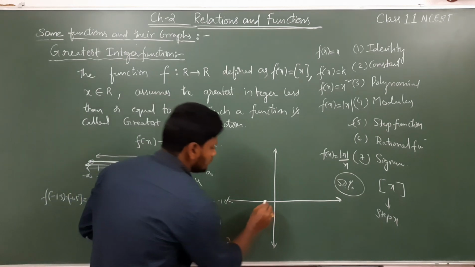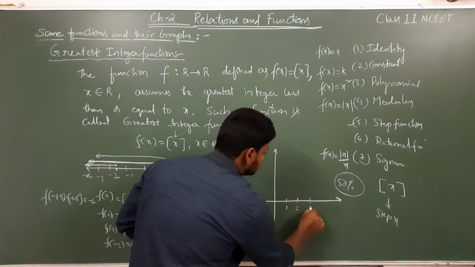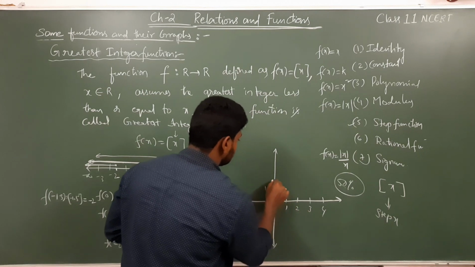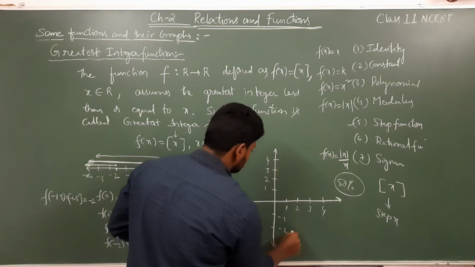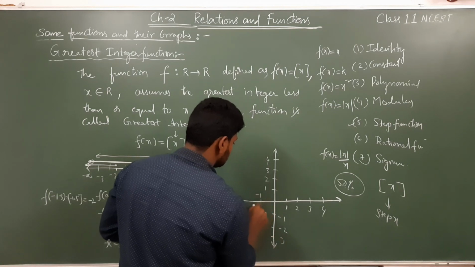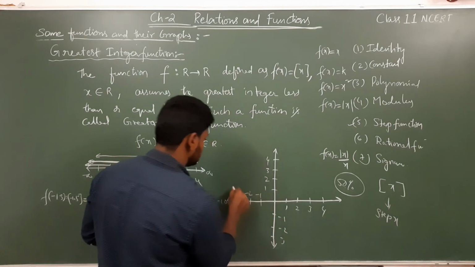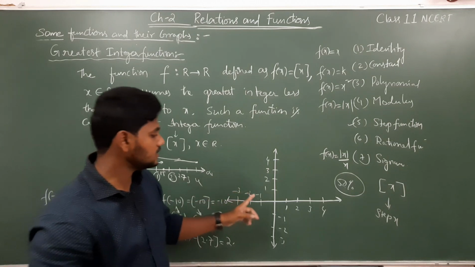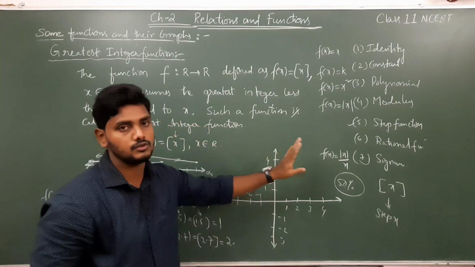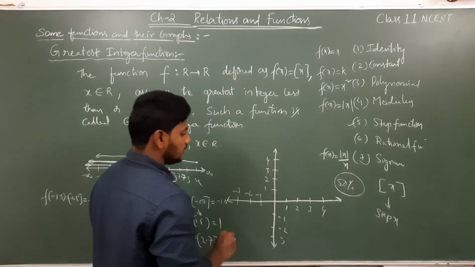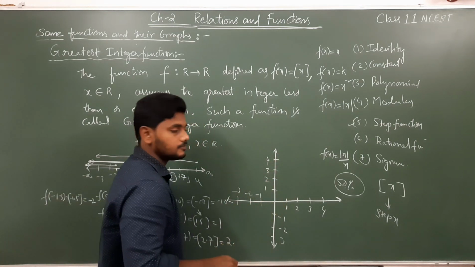Here 1, 2, 3, 4 on both axes, and minus 1, minus 2, minus 3. The scale on the x-axis is 1 centimeter equal to 1 unit, and on the y-axis also 1 centimeter equals 1 unit. That you write.